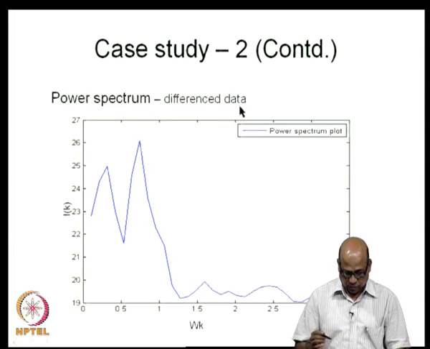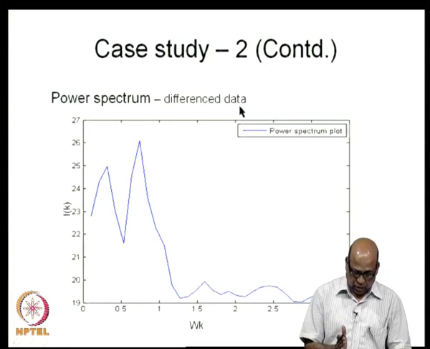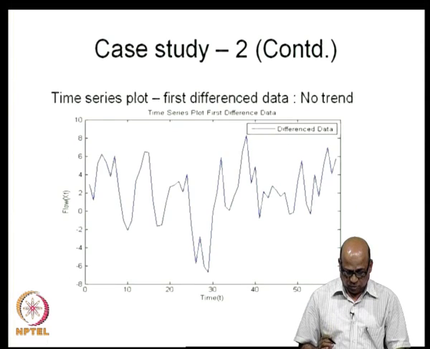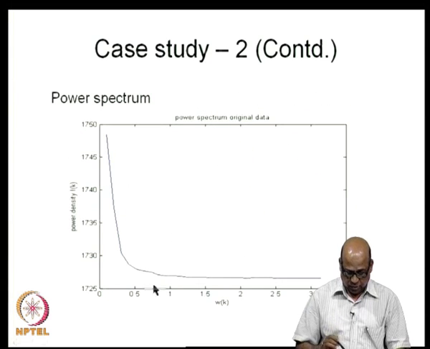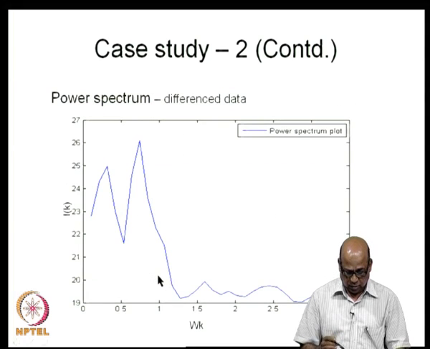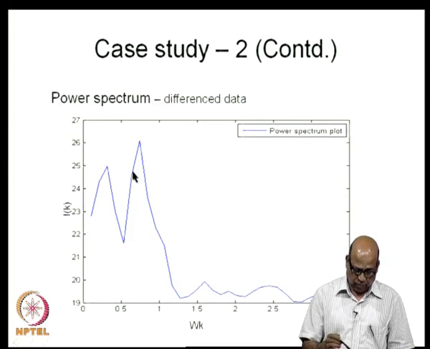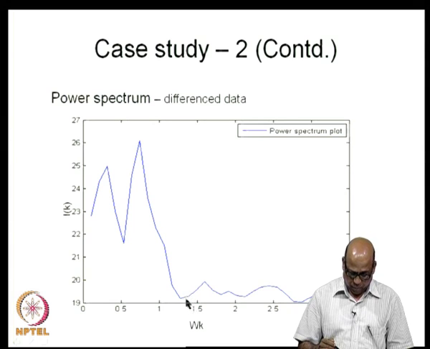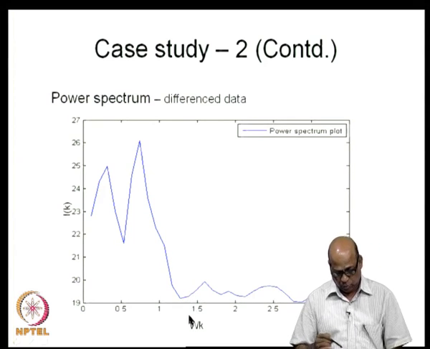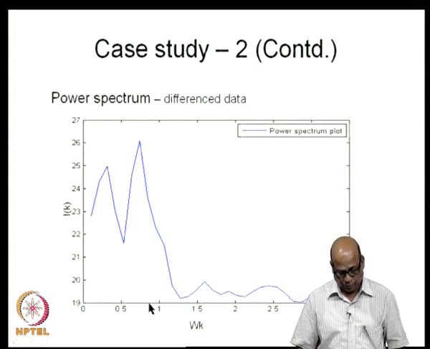The power spectrum for the difference data indicates, unlike the power spectrum of your original data, which had significant contribution to variance in the lower frequencies, that this is slightly more distributed now. So, you have contribution to variance almost up to about 1.2 or something, WK up to about 1.2.